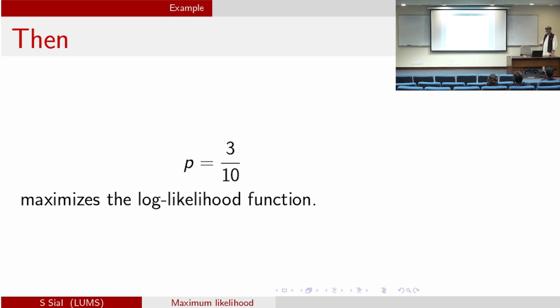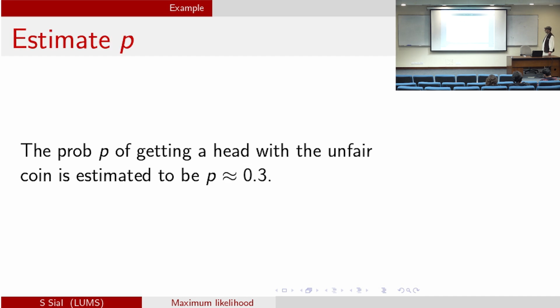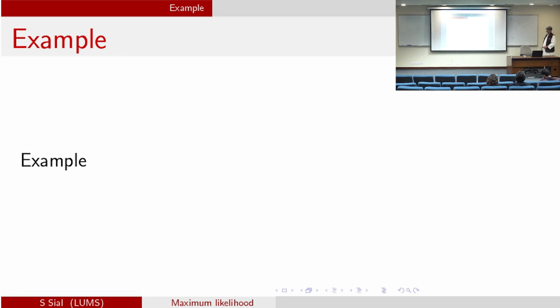You're most likely to get a result of x equals 3 when p is equal to 3 over 10. Okay, so this is our estimate. Remember, it's an estimate. P equals 0.3. Okay. That okay for that example?